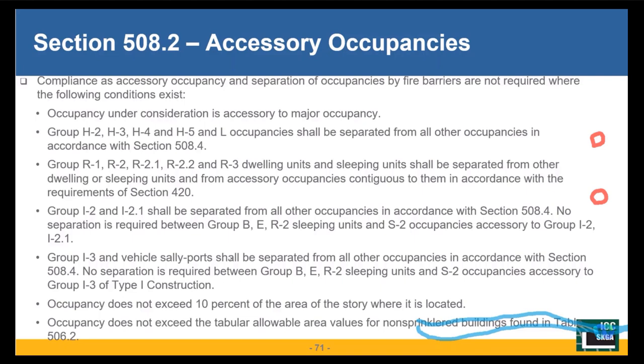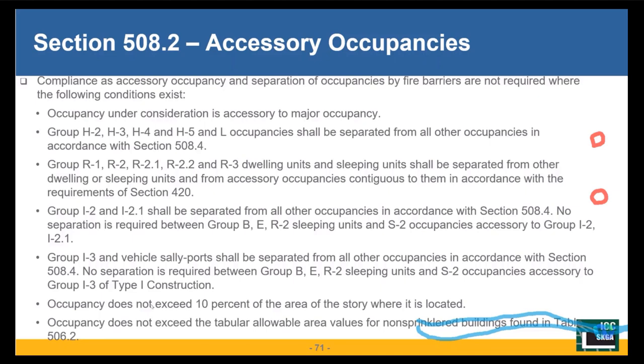Now, again, the accessory occupancy, first of all, must be part of or accessory to the main occupancy. The separation is not required between the main occupancy and this accessory occupancy by fire barriers when all these are satisfied. The accessory occupancy does not exceed 10% of the area of the story in which it is located, so it cannot be bigger than 10% of the main area where it's located.